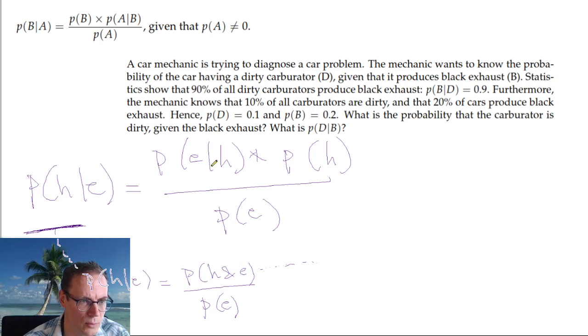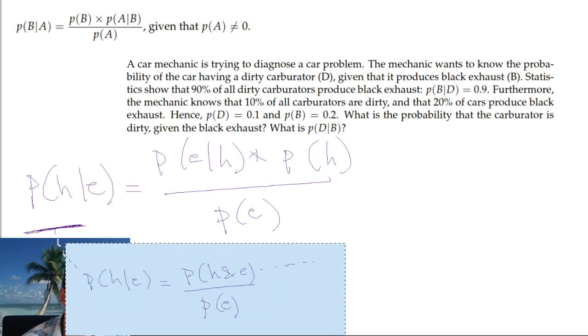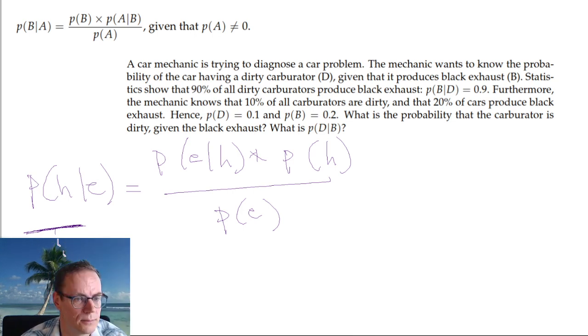You can rewrite it the way it's written here. So it's useful to do the exercise on the handout where we explain why Bayes' theorem holds. But it's also important to apply it, and so here we have a story.